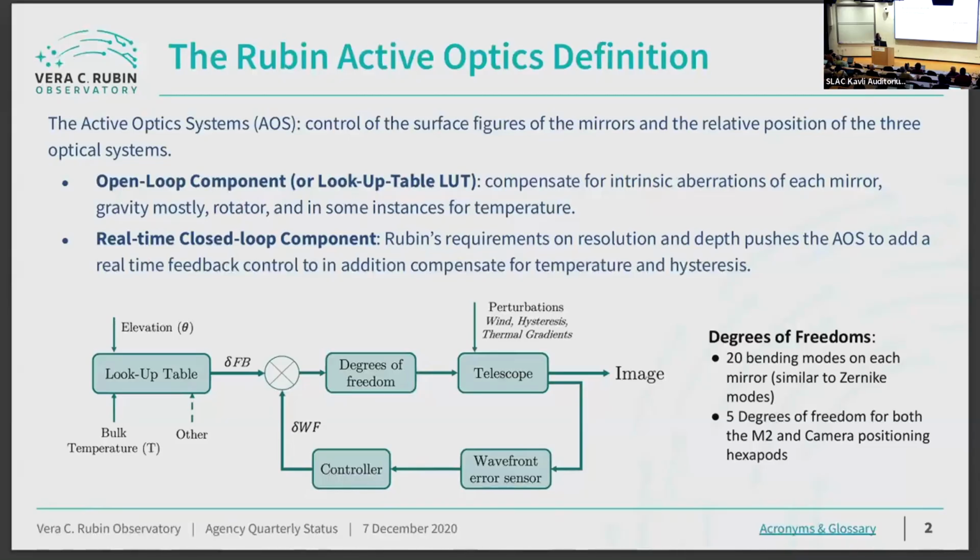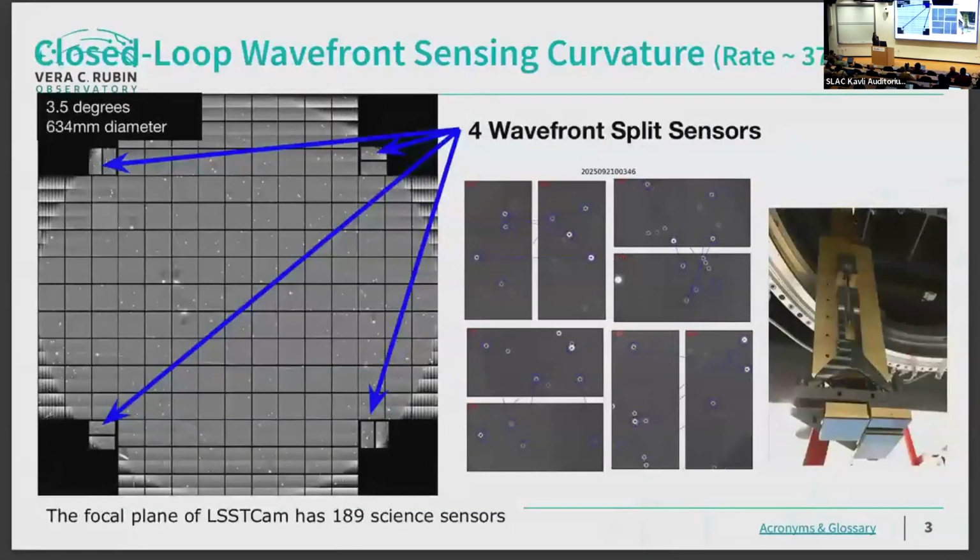And then we have a real-time closed loop component, which uses the wavefront sensors on the corners of the focal plane, the blue arrows you see. Those are used at the same time as your image to calculate what wavefront aberration you have in your system, and in real time, meaning every 37 or so seconds, adjust the position of the optics and the shapes of the mirrors in order to get a good image quality.